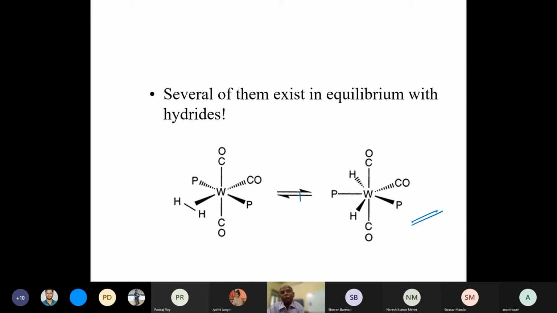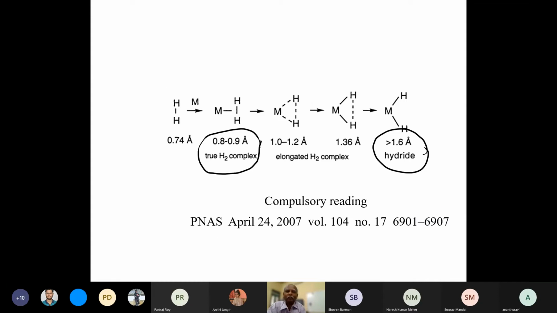If it was too big, then the dihydrogen complex was not stable. If it was just the right size, that is tris isopropyl, then the dihydrogen complex was isolated and characterized. So there was a very sensitive balance. It was a little bit of chance favoring the prepared mind in this case. In this case, it was a surprised mind, not a prepared mind. Now I want you to read this paper, and this will be compulsory reading for all of you.